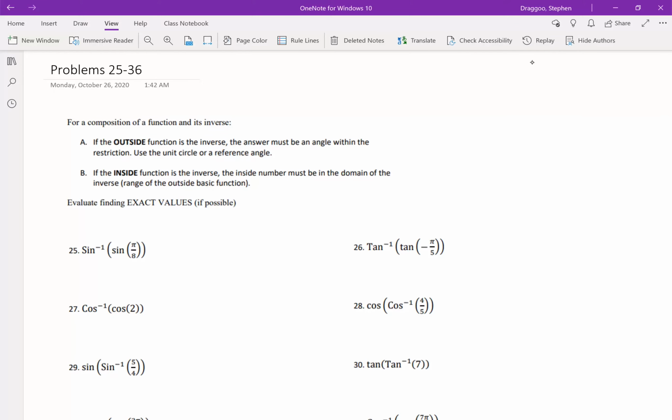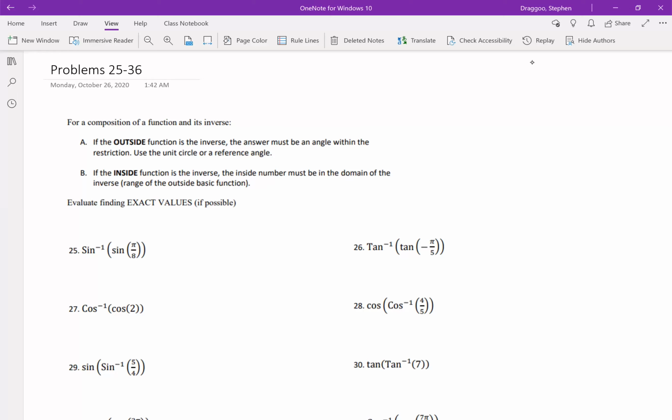In this next set of problems, we'll be looking at how inverse trig functions interact with their regular function counterpart. As we saw last time, the solution to any inverse trig function is an angle. So I plug a unit circle value in and I get an angle out.